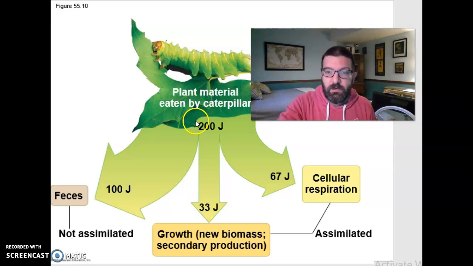Of the remaining 100 that is not lost as feces, 67 of those 100 are going to be used for cellular respiration and lost as heat, and only 33 are used for new biomass, meaning to build the caterpillar. And it's only the stuff that's used to build the caterpillar that can then be moved into the next trophic level up. So the bird that eats the caterpillar, for instance.